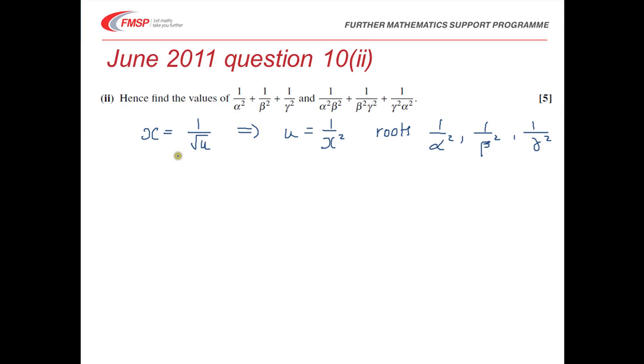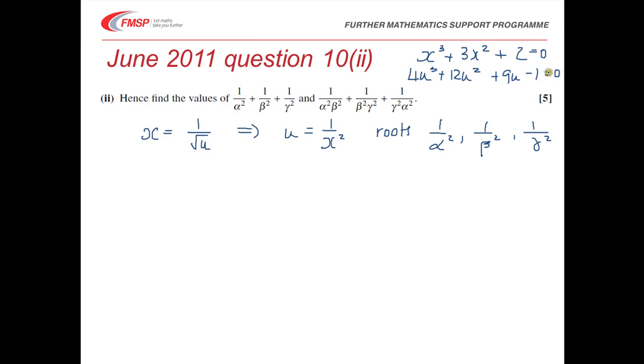Now the original equation was x cubed plus 3x squared plus 2 equals 0. And then we found that when we made the substitution, we ended up with 4u cubed plus 12u squared plus 9u minus 1 equals 0.